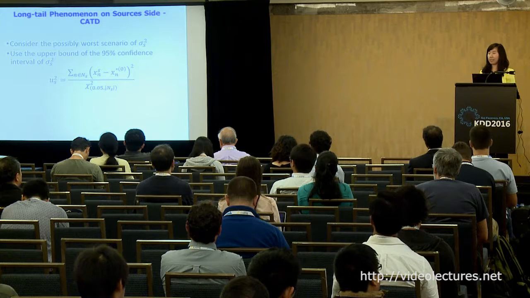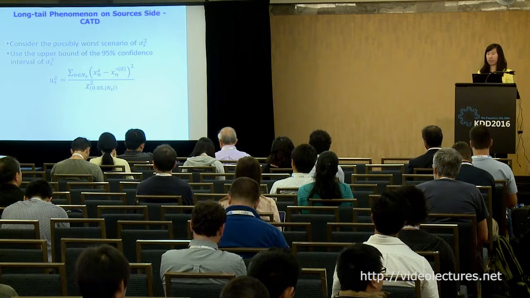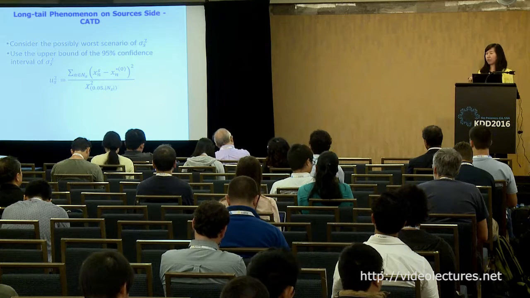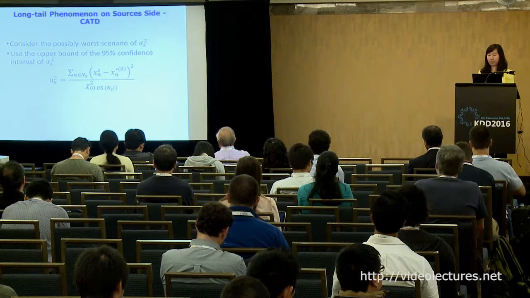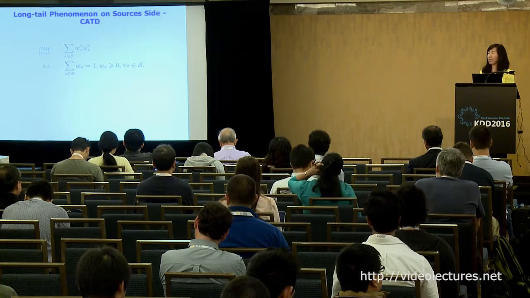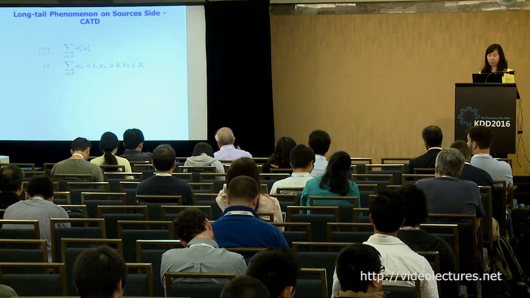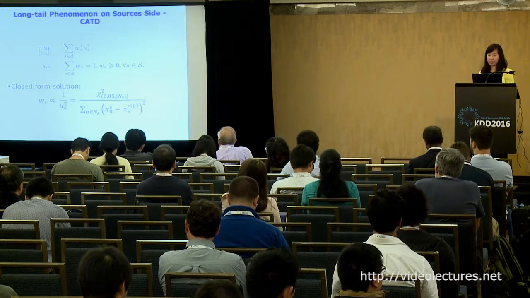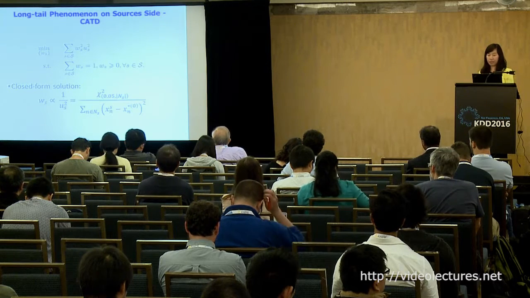So the basic idea is that we have a confidence interval estimation of this sigma_s squared, and then we use that upper bound to represent this sigma_s squared in our optimization problem. So here we plug in this u_s squared as an estimate of this sigma_s squared, and then we can derive this source weight, which is the inverse of this u_s squared.